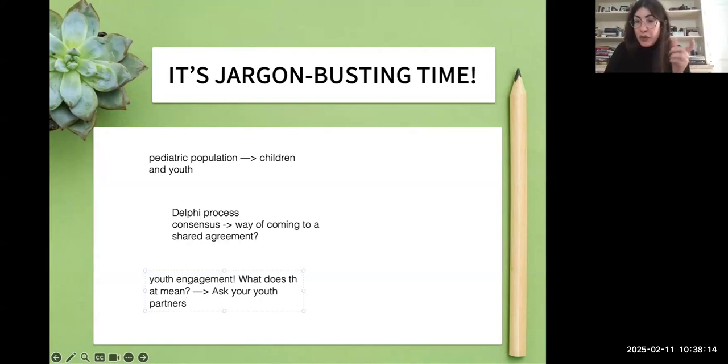I love that. And I love two components of your answer. One of them is asking your youth partners or the partners you're working with. This is something we also recommend when it comes to accessible writing: doing it collaboratively, at the least having some form of peer review or peer editing.